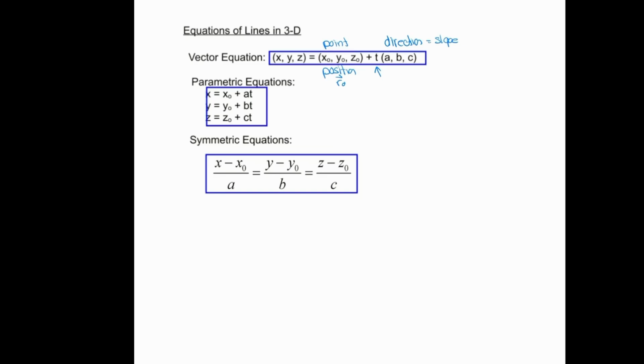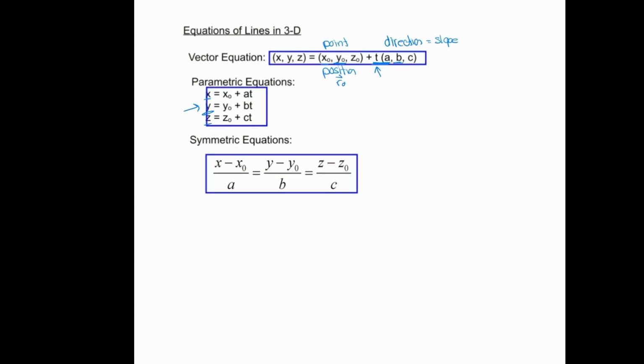The other way that we looked at representing these was as a parametric equation. Remember, that just breaks it down into its components. So for our x value, we have x naught plus a times t. For our y component, we have y naught plus b times our scalar multiple of t.